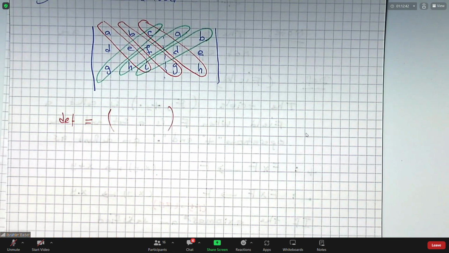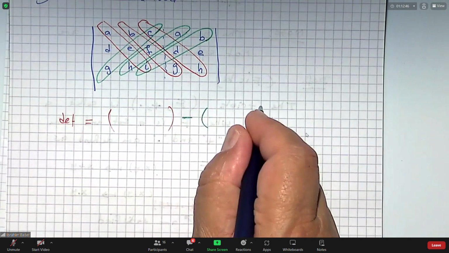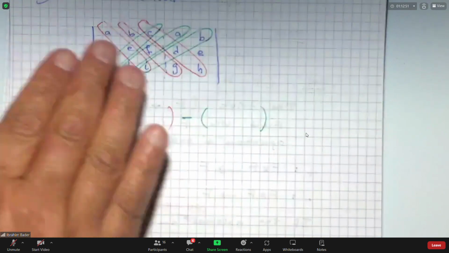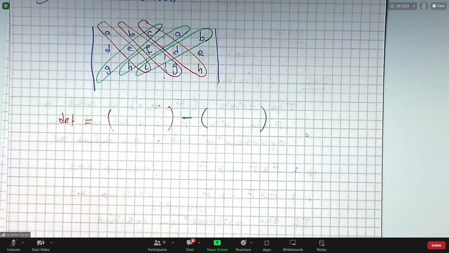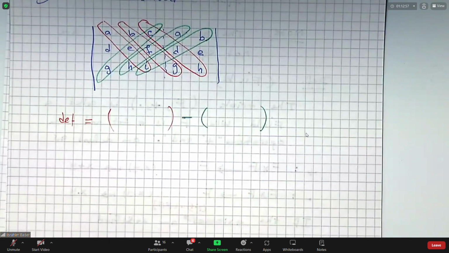Notice that this one first, the right down, and then the left down, and adding them up, you will have the same result.